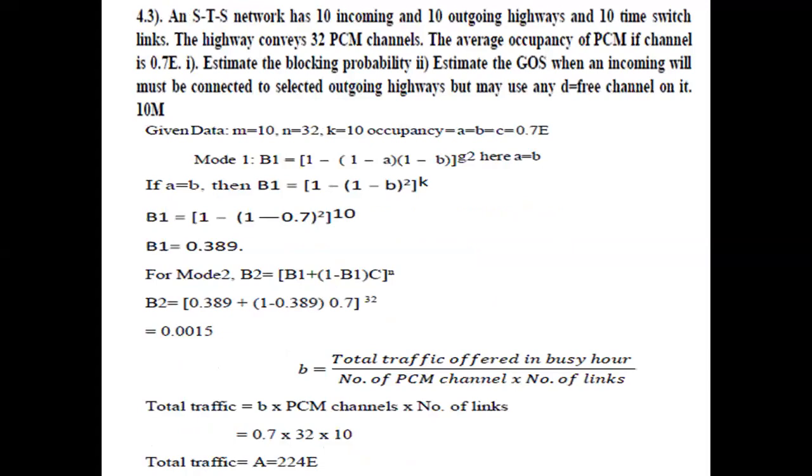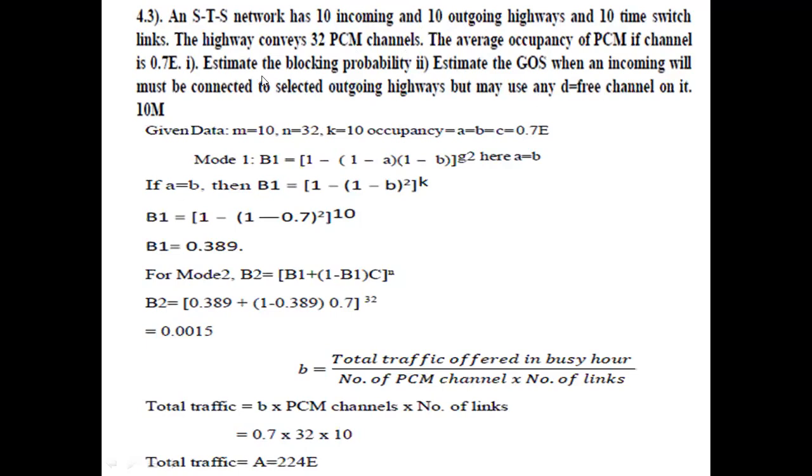Another problem, sometimes he might ask in the reverse way. He might ask you to find the total traffic offered for the given parameters. In this case, he is saying that the STS switch has 10 incoming PCM highways, 10 outgoing PCM highways, and 10 intermediate links to connect the two space switches, and it's a 32-channel PCM system.